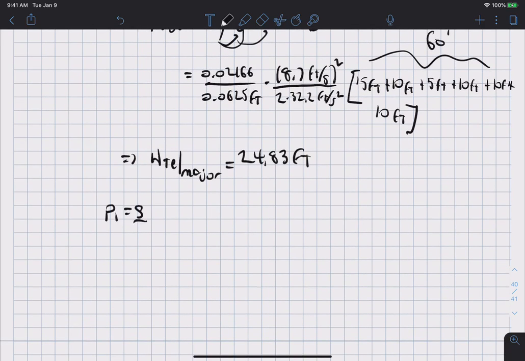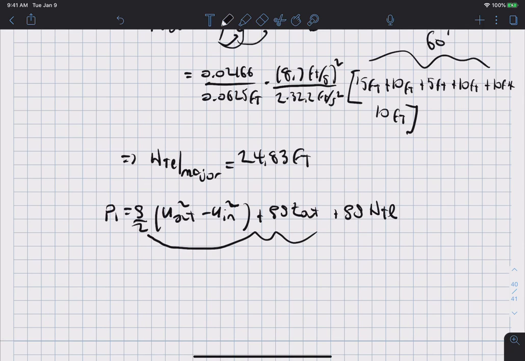Okay, so then, for this case, P1 equals rho over 2 times U out squared minus U in squared, plus rho g z at the outlet, which is the faucet, plus rho g times the total head loss. Well, we already computed the first part in part A, and that's 1549 pound force per foot squared, so there's no need to punch in those numbers again.